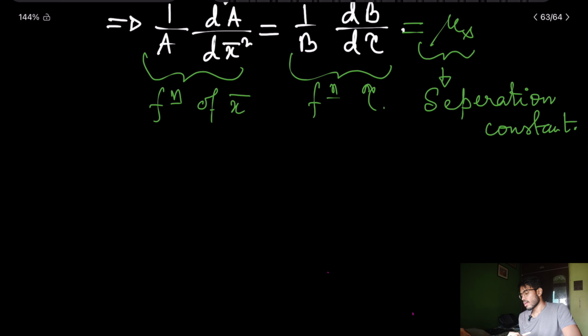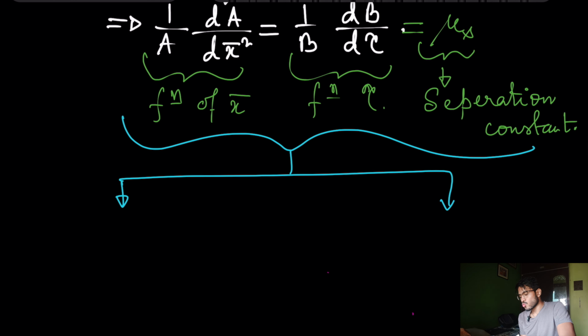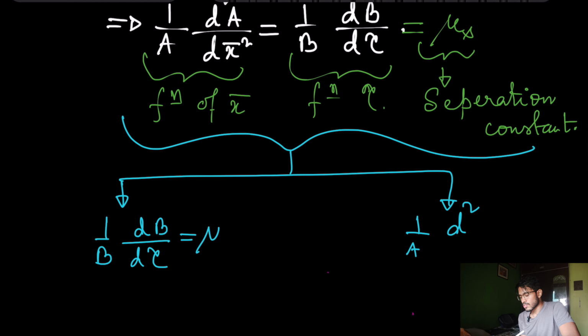Now that means from here we are getting two equations. Okay, from this whole thing we are getting two equations. And what are those two equations? The first is this one, and the second is this one. Sorry, it is equal to mu s, and the second is this one.